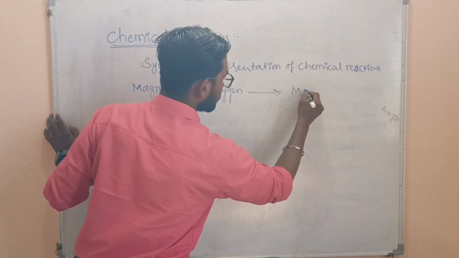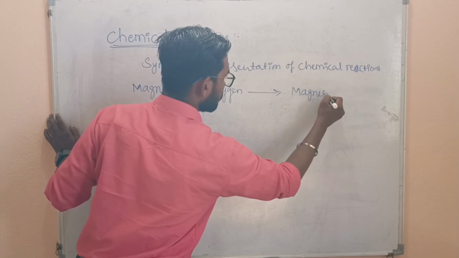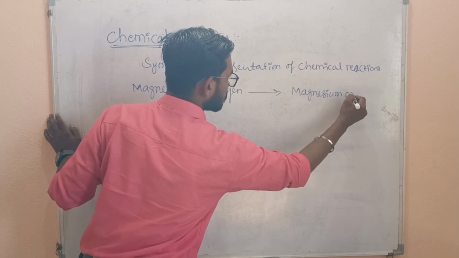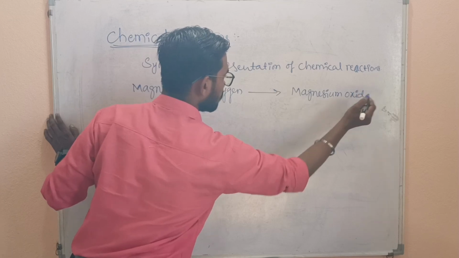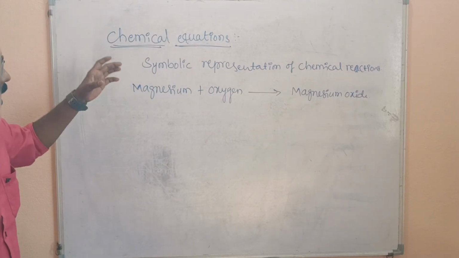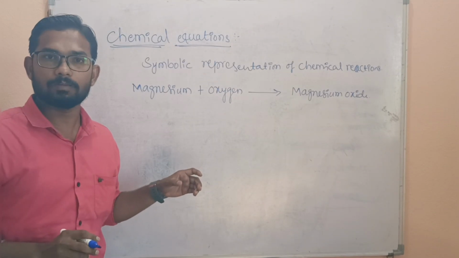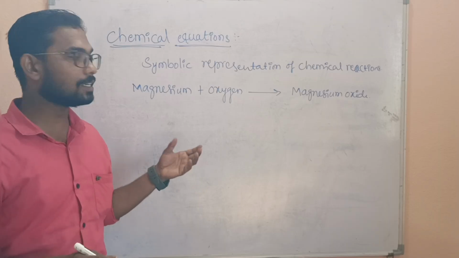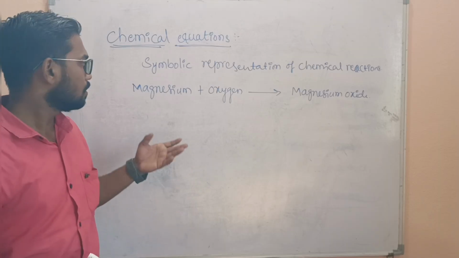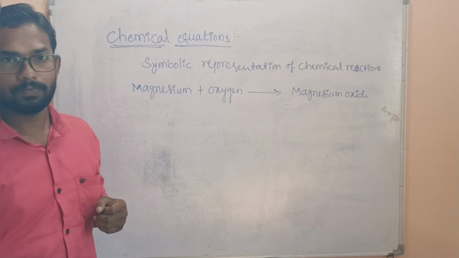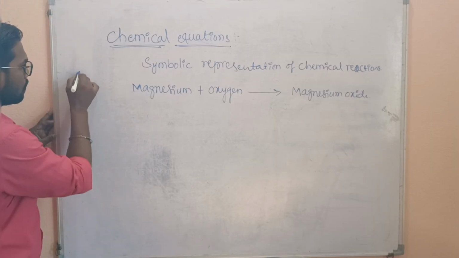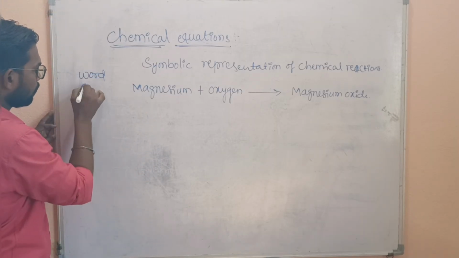Here we are going to get magnesium oxide. We already studied it in sentence form. Sentence form is very long to write in the exam, and this is the word form. Now we have written it in word form.